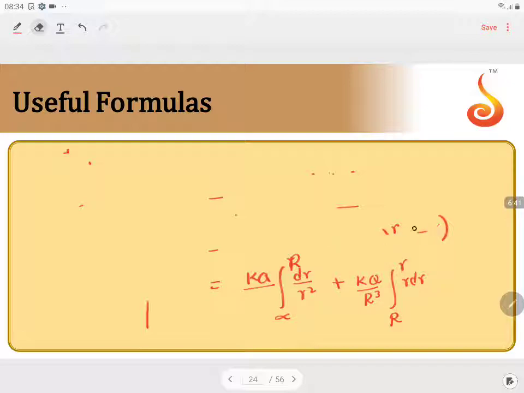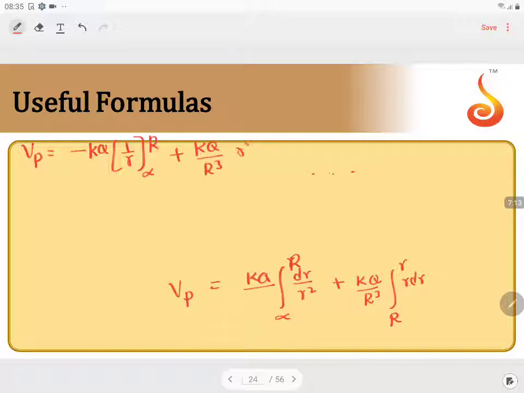So what is remaining here? Potential at the point P will be equal to the integral of dr by r square, which is minus 1 by r. So we get minus kq into 1 by r, with limits infinity to capital R. And the integral of r dr is r square by 2, so plus kq divided by R cube into r square by 2, with limits capital R to small r.